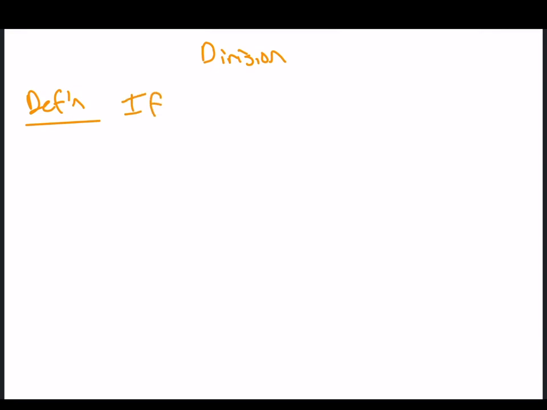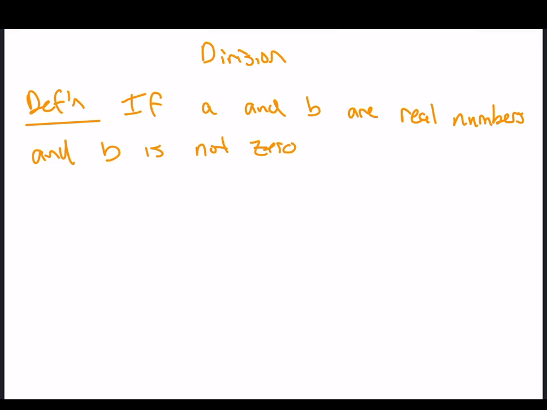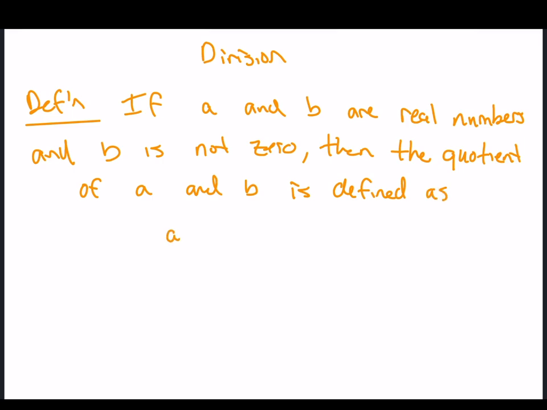If A and B are real numbers, and B is not 0, then the quotient of A and B is defined as A divided by B is the same as A times the multiplicative inverse of B, which is 1 over B.